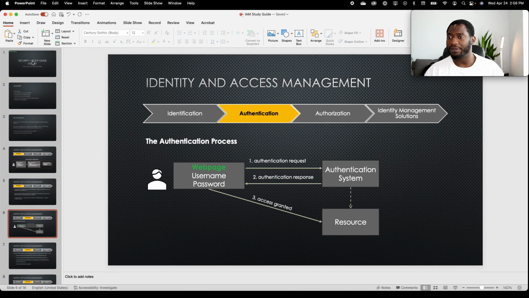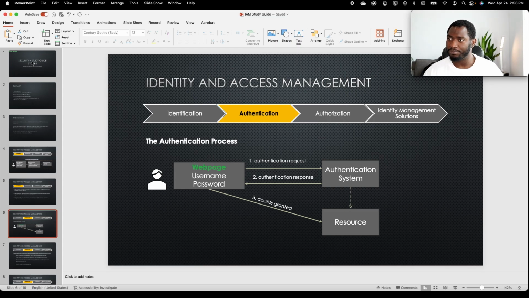And the second part of that process is the authentication system verifying that the credentials you've provided match what's already recorded within the system. Now, we can either accept the information you've provided or reject it and tell you to try again. And if it accepts, then access is granted to the resource, which is the third part of the process.